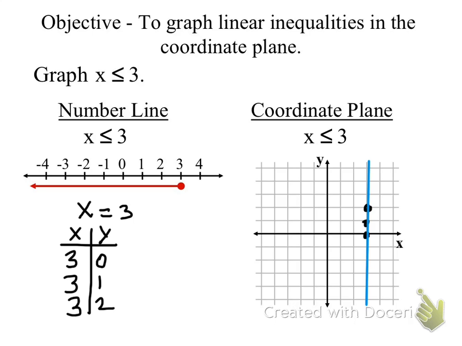And basically, the type of boundary line I am going to draw is going to depend on this symbol. If it is less than or equal to, or greater than or equal to, to show that it includes all these points on this line, I'm going to make it solid.